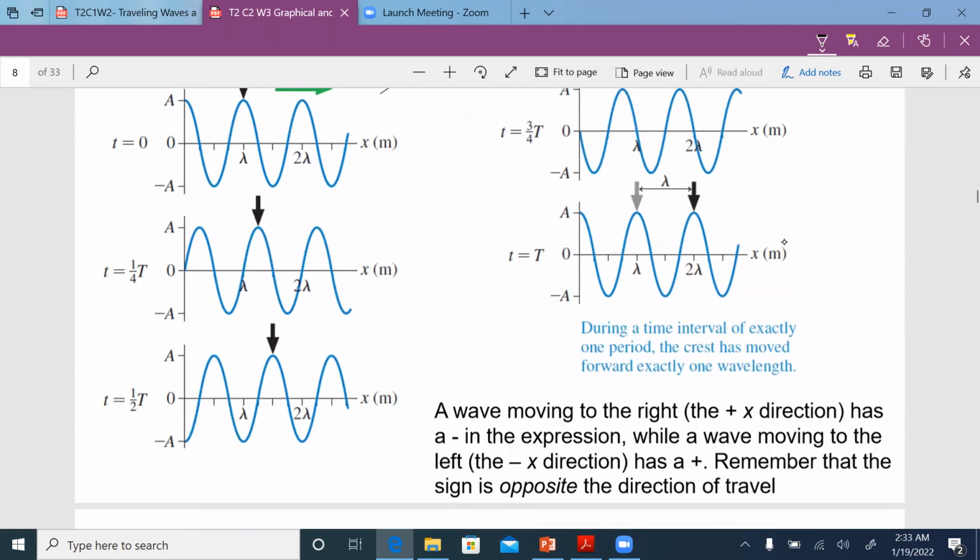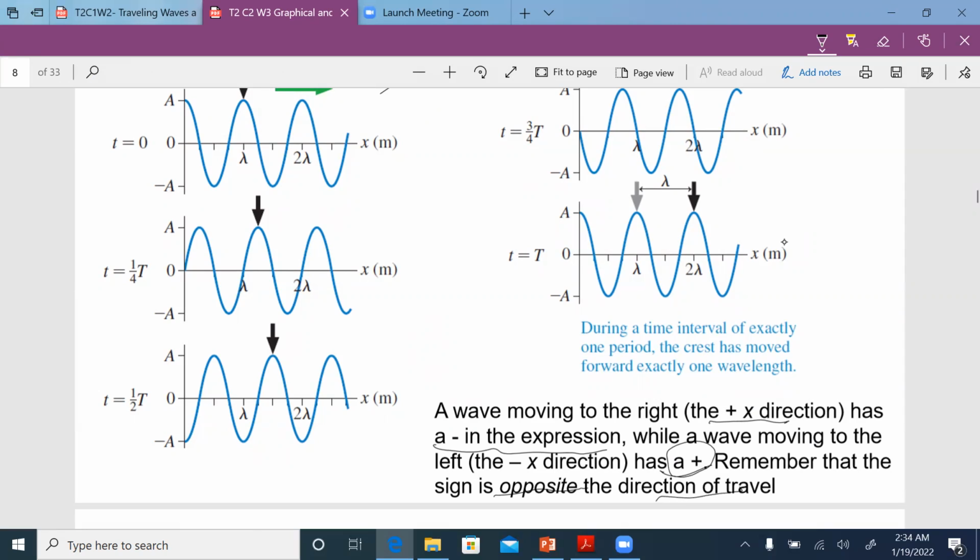The wave moving to the right will always be in the plus s direction, but we have a negative expression. While the wave moving to the left will be in the minus s direction, but we use plus as its sign. So remember that the signs are actually opposite to the travel direction.